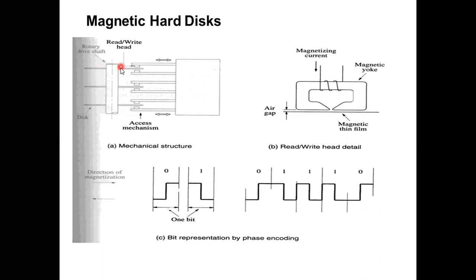There are some differences between the tracks, because the distance from the center of the inner track and the distance from the center of the outer track is different. The area of the outer track and the area of the inner track cannot be equal, because the area of the outer track will be larger and the area of the inner track will be smaller.